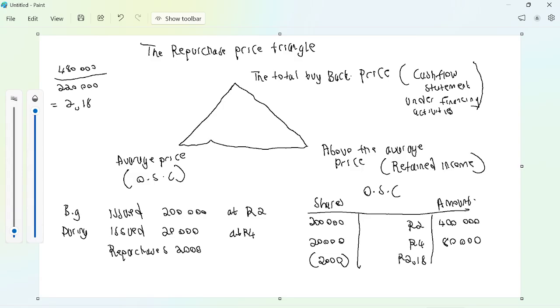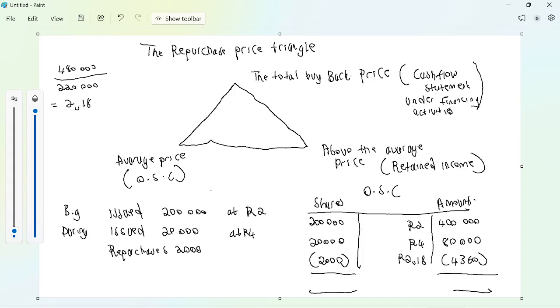So you're going to say 2,000 multiplied by 2,18, therefore negative 4,360 is my repurchase price, the value of the repurchased shares. So therefore we have the total number of shares at the end of the year.